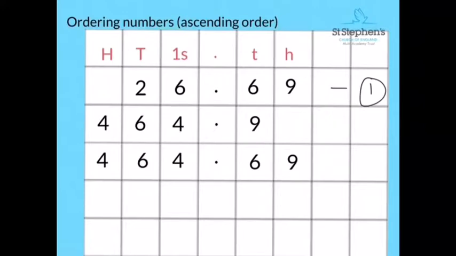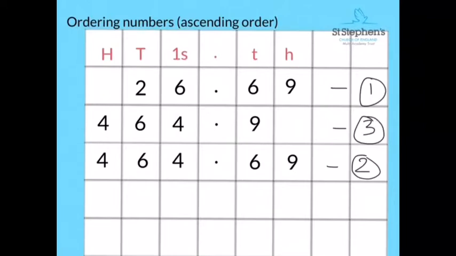Now, at this point, you need to go into the digits that represent less than 1, less than a whole number. In the tenths column, 464.9 has a 9. And 464.69 has a 6. Now, 6 is smaller than 9, which means 464.69 is smaller than 464.9, which means that 464.9 is the largest number.